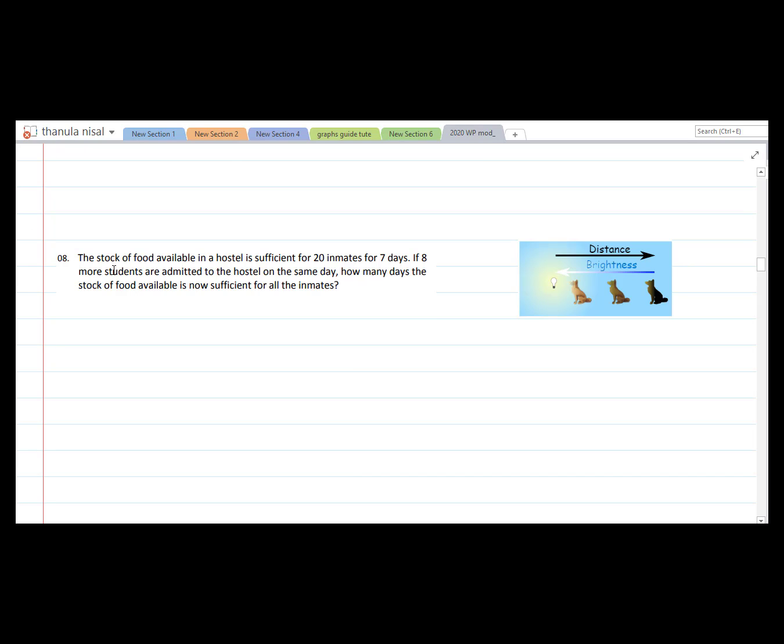Here, the stock of food available in a hostel is sufficient for 20 students for 7 days. Let's write down students, days, their product.